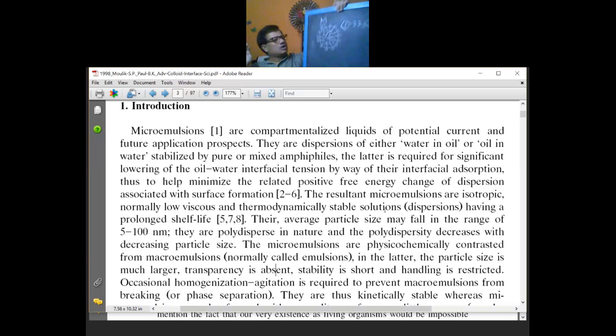So coming back to the structure of the normal micelle. You see, the surface of this micelle is completely hydrophilic. And these hydrophilic head groups need some water molecules for their solvation, or I would say hydration.